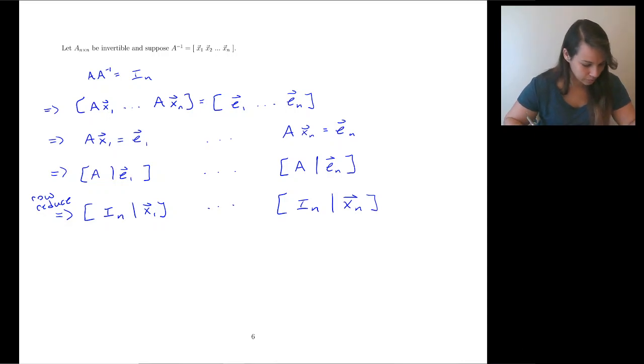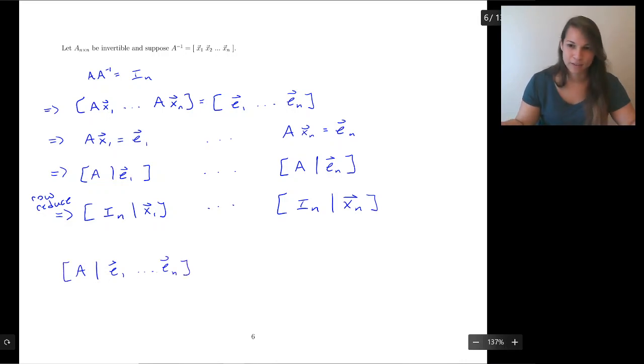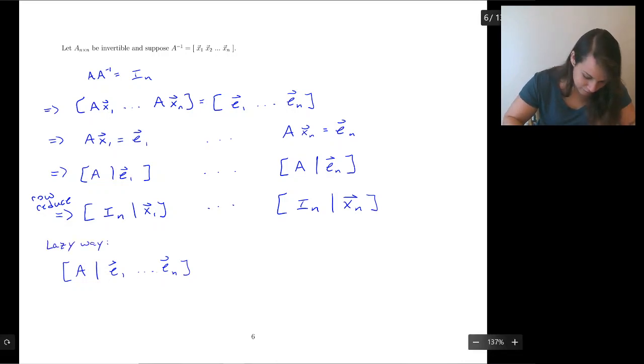What we're going to do is we're going to do A augmented, and we're going to put all of the E's on the left. That way we don't have to row reduce A n different times. We'll say lazy way. No, we're efficient people.